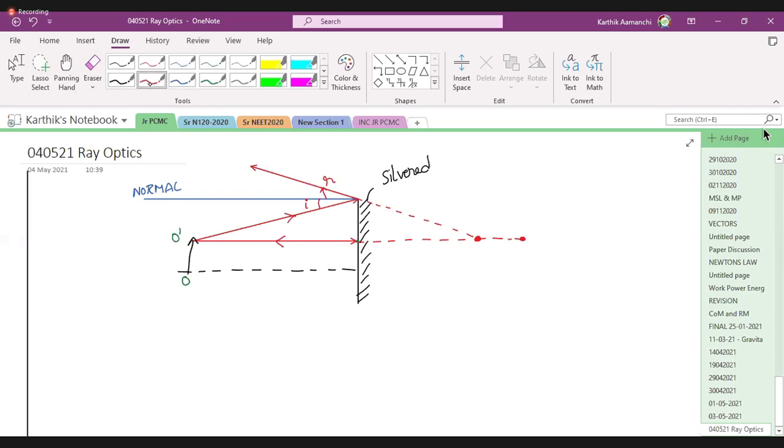Now see, there is a ray which is going at the foot of the image. Obviously, this will also retrace back. So I'm taking one light ray which is going from the head of the object parallel to the principal axis. Let me take this as O. Parallel to OP, there is one light ray going from the head of the object.